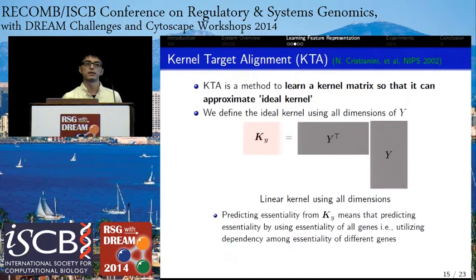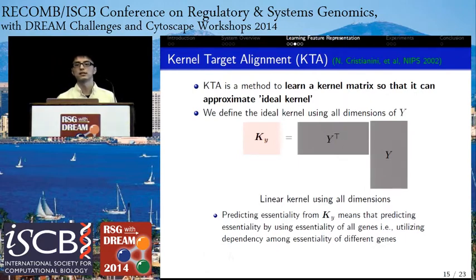So the next approach I employed is the kernel target alignment. This is the method to learn a kernel matrix, so that it can approximate the so-called ideal kernel.